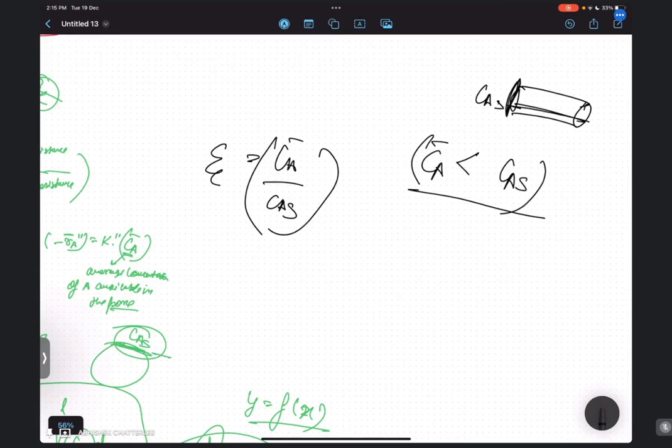इसको कह सकते हैं, क्योंकि अगर पोर डिफ्यूजन, if pore diffusion is happening, then your concentration will go on decreasing, and at no point the concentration will be higher than your CAS. It will only be lower than your CAS. And if we are considering the average concentration over the entire pore, that is your CA bar, so this CA bar will of course be less than your CAS.